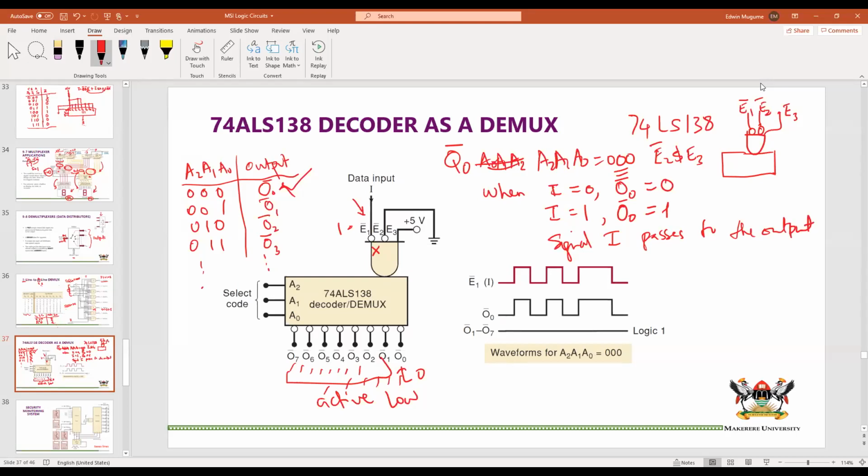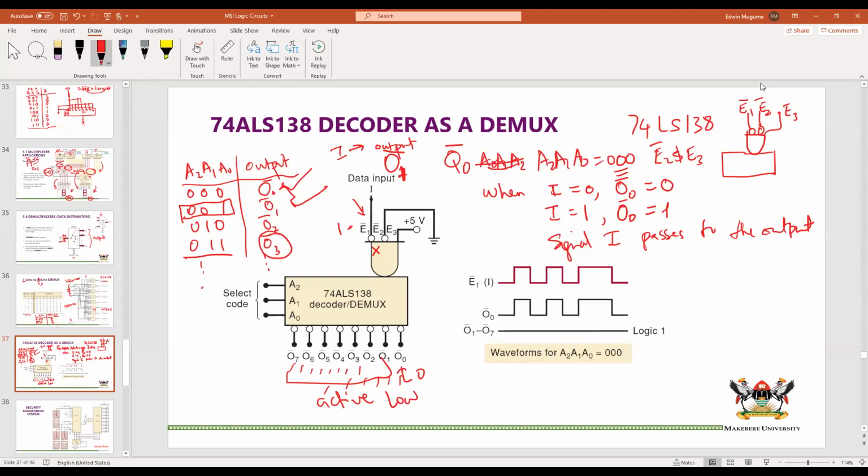Now, if you have a scenario where you have selected A2, A1, and A0 to be 0 0 1, that is obviously the one that is selected, meaning that the signal I will be passed to the output, but this time output O1. If you had selected that one, the signal I will be passed to output O3.